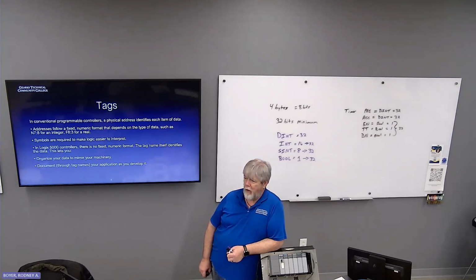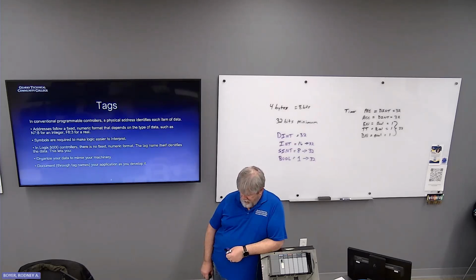O0 for output data, I1 for input data, S2 for system data, B3 for individual bits or booleans, T4 for timers, C5 for counters, R6 for control registers, N7 for integers, and F8 for floating point values or decimal numbers.